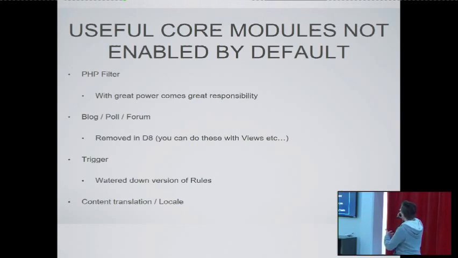And then there's content translation and locale, where you can translate content or import translation files, usually because it's built in English. So from Drupal's webpage, you can get translations for the core and many modules as well.